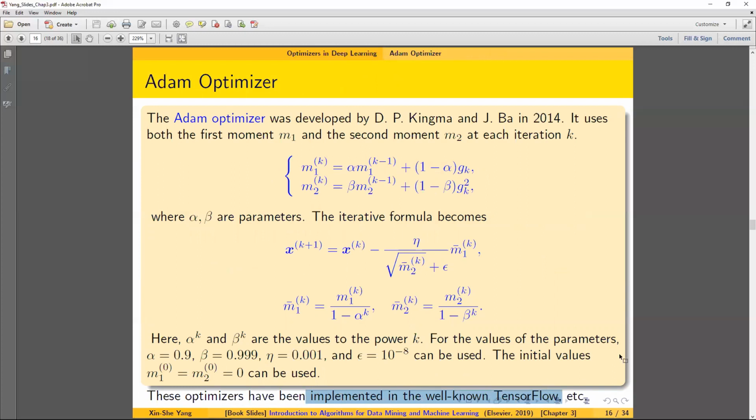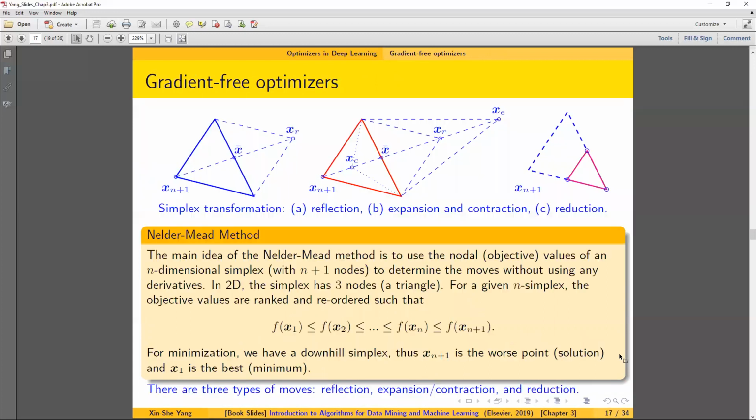Just something that you should be aware of. And for now, actually, we'll stop here. We discussed a lot of gradient-based optimizers. And we'll come back with more gradient-free optimizers. Thank you.